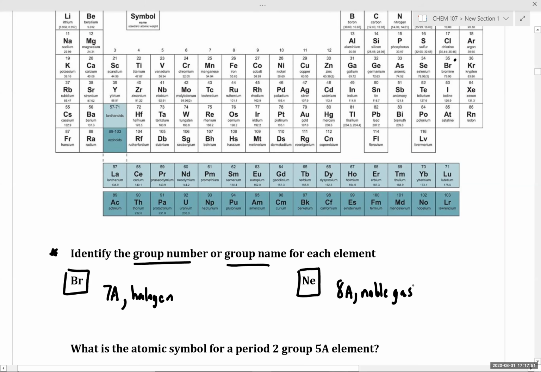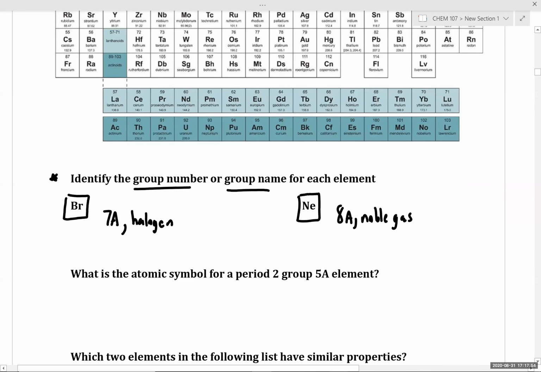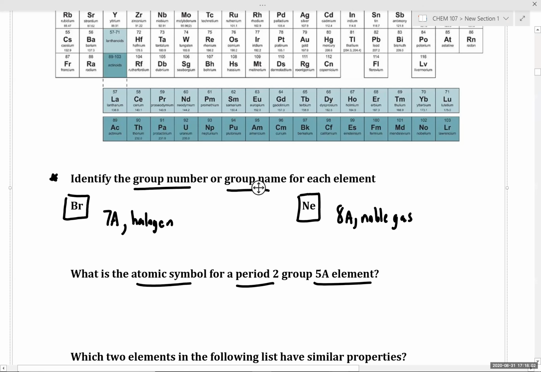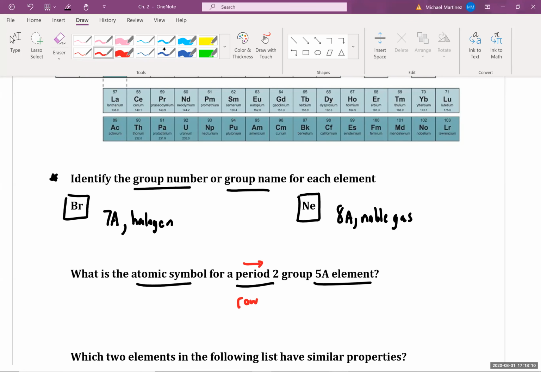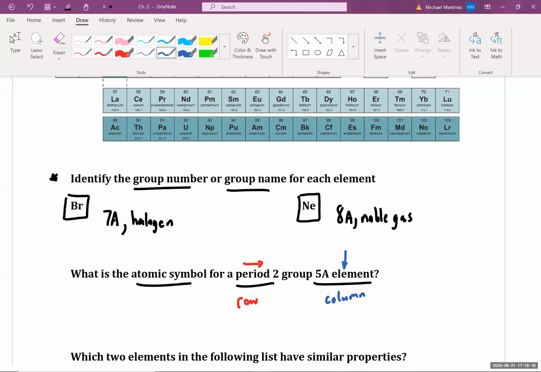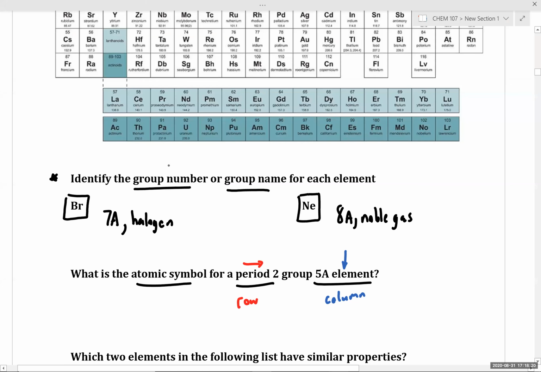Let's look at another example. Here we're asked to find the atomic symbol for a period 2 group 5A element. Okay, let's unpack this a little bit. The period number refers to horizontal rows, while the group number refers to the column. So given the period and group number, we can quickly find our element.